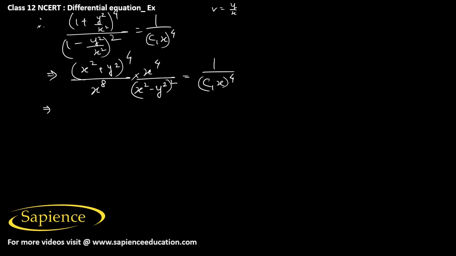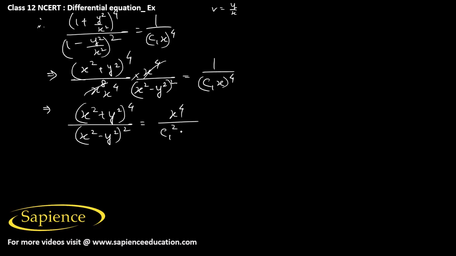So now this will cancel out. This will be x power 4. So we can say this will be (x square plus y square) whole power 4 divided by (x square minus y square) whole square, that will be equal to x power 4 divided by c1 square into x power 4.